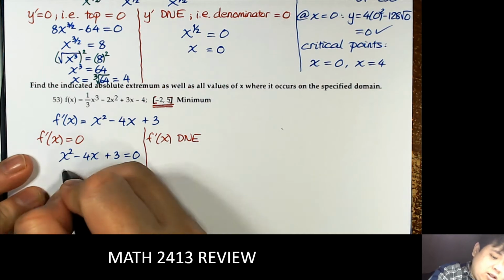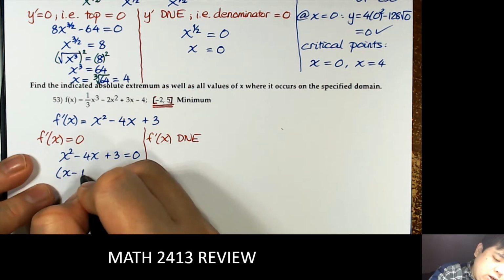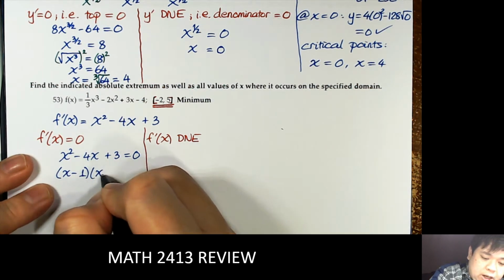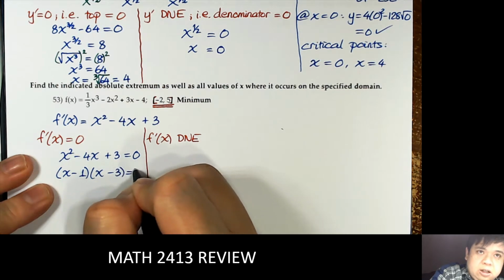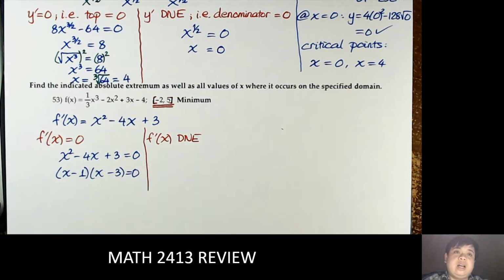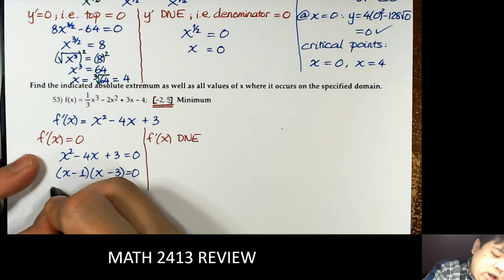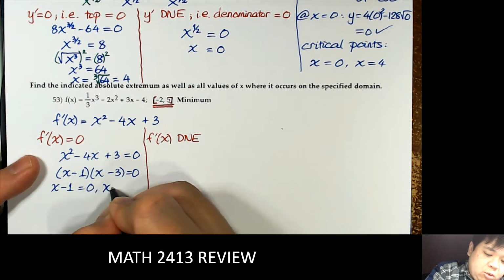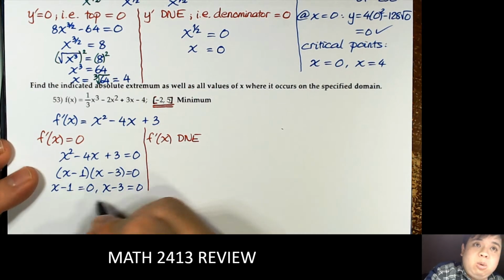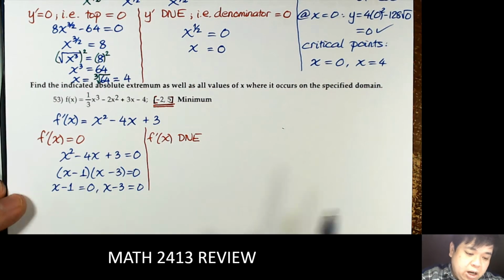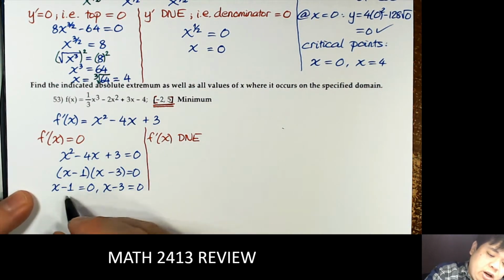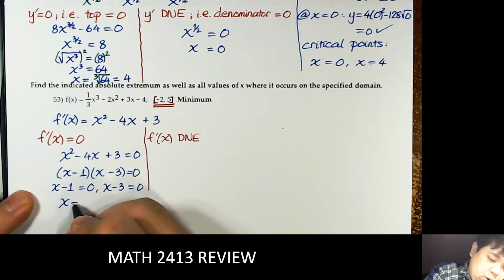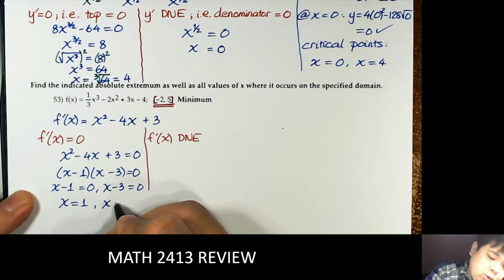We can factor as x minus 1 and x minus 3, because when we multiply it out, that's what we have. So we have x minus 1 is 0, or x minus 3 is 0. A product is 0 where at least one factor equals 0. So we solve for x equal to 1 and x equal to 3.